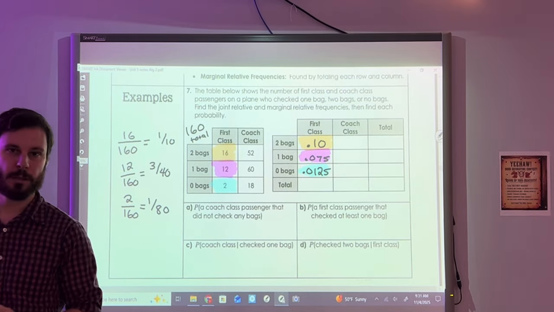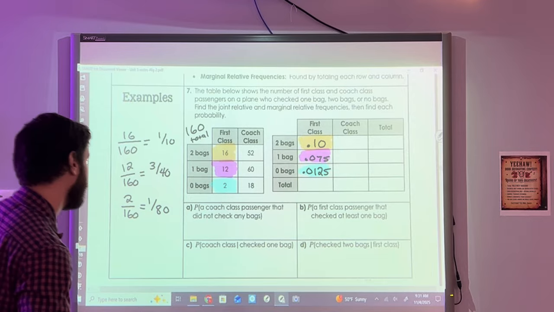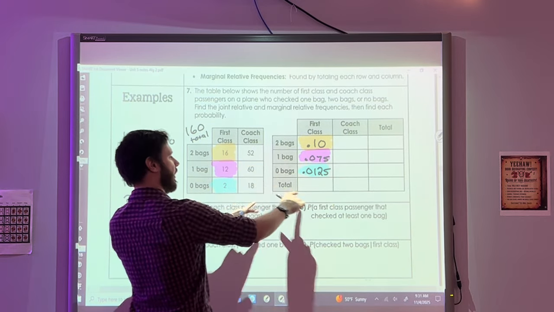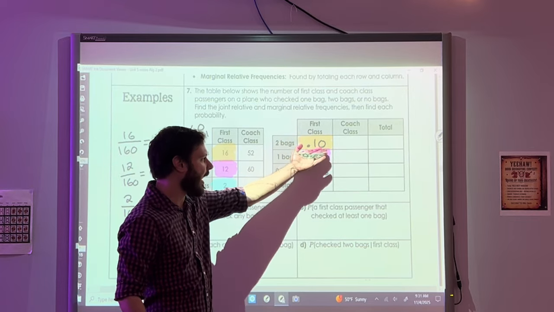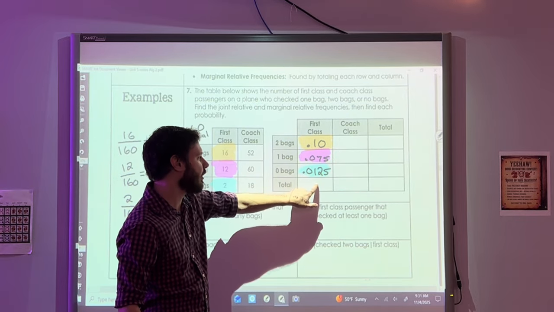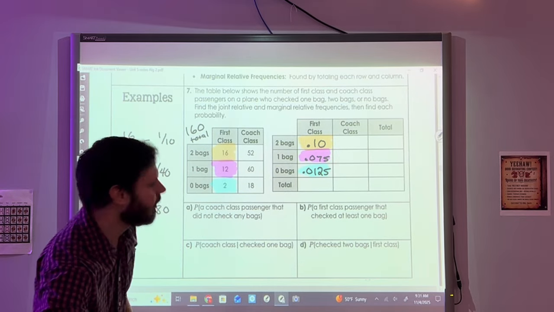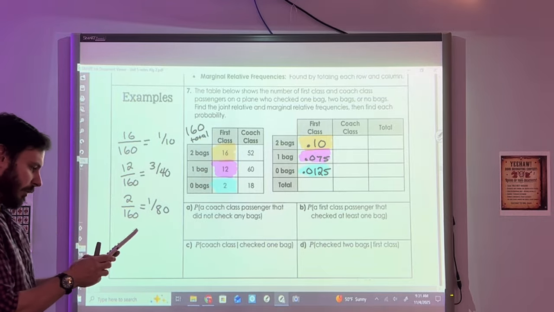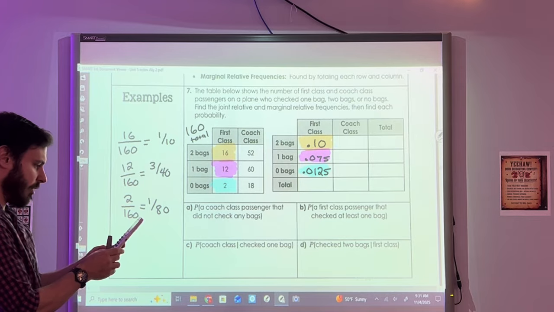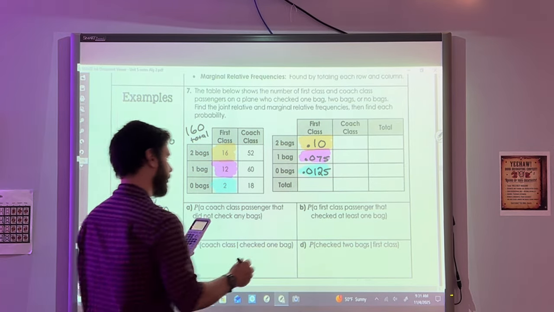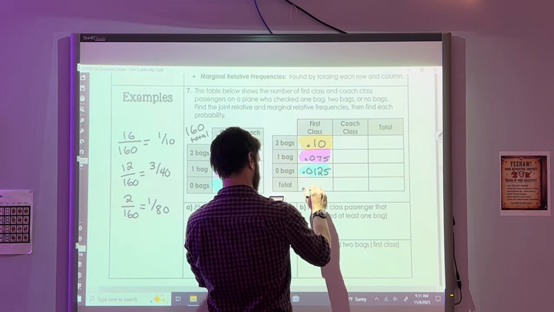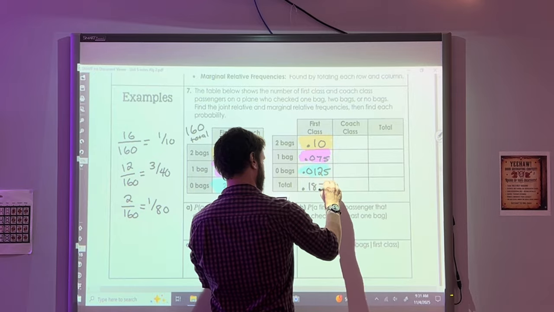Okay, so that's how we build each of these boxes. 0 bags first class, 0 bags first class, they match. For the total, we're going to add these decimals and fill in this amount right here. I have 0.10 plus 0.075 plus 0.0125 for a grand total of 0.1875.